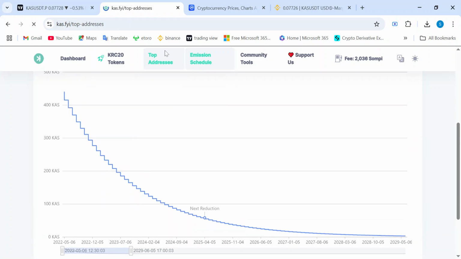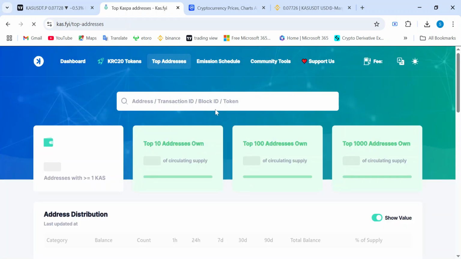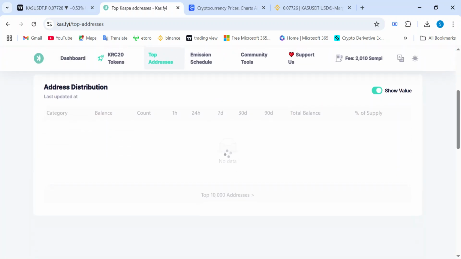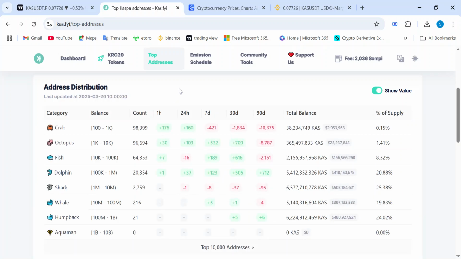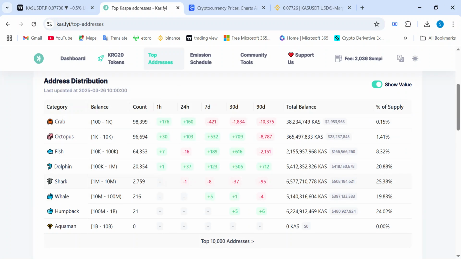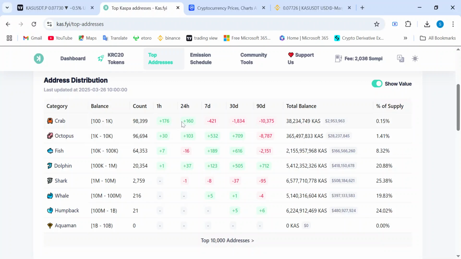And let's go to top wallet addresses. Overall positive. I looked at it earlier during the day, and I think Luck Crypto on YouTube was showing about the wallet holders. If you don't know the channel, go ahead and check it out. In the last 24 hours, we have lost 16 fish, but we gained 160 crabs and 103 octopus.